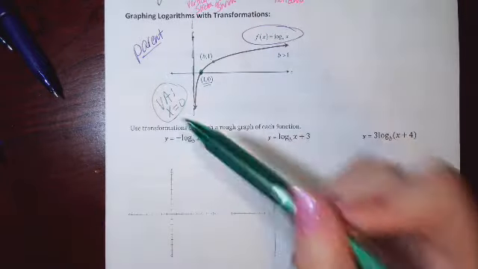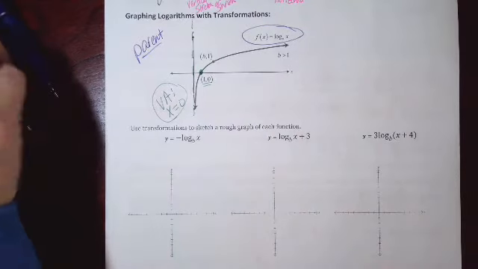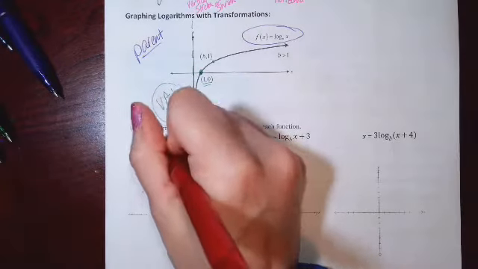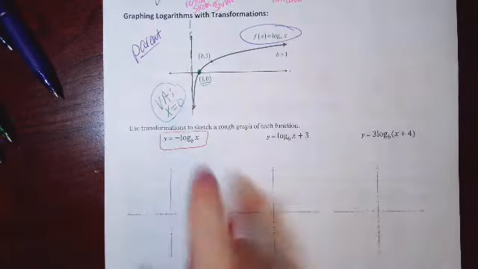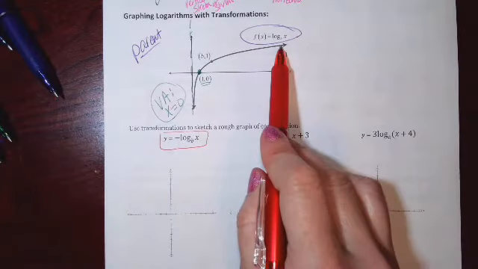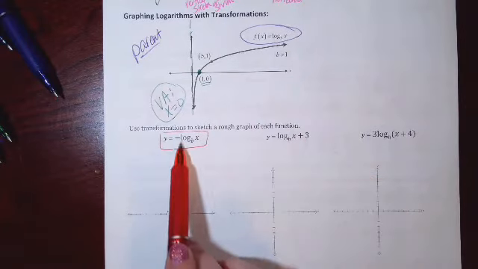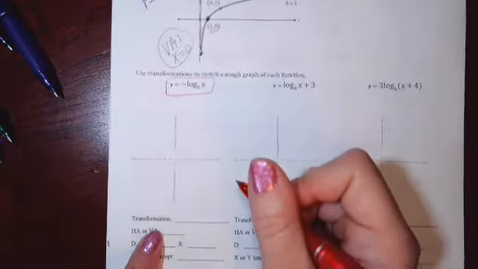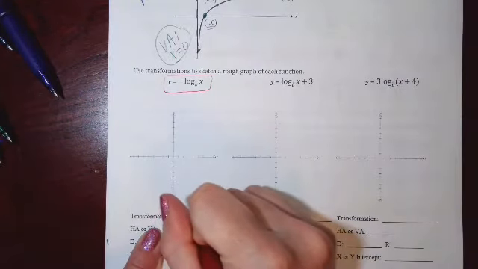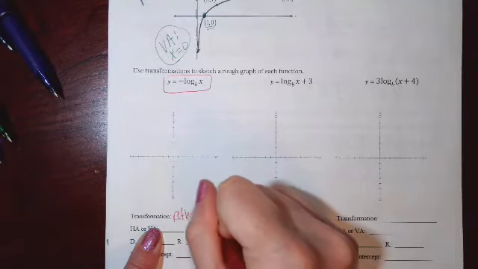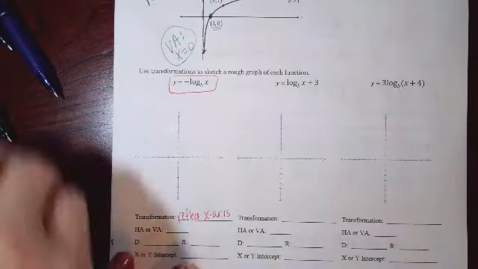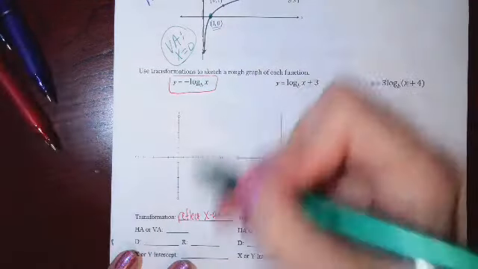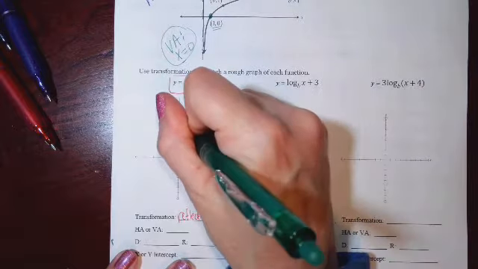Alright, if I have this function that I want to graph, what is this transformation that I've got going on from my parent to this function? Well, that negative out in front tells me to reflect across the x-axis. So let's see what's going to happen. If I'm just flipping it upside down, I'm not moving it left or right.